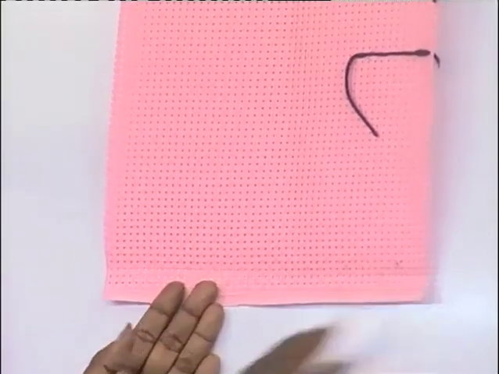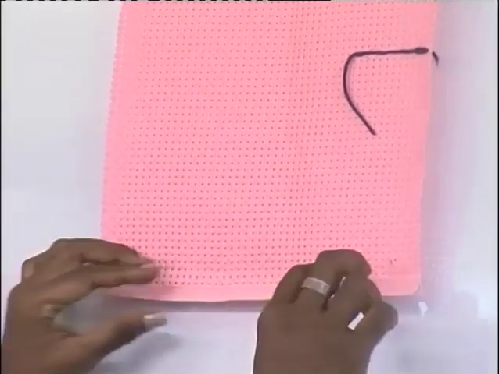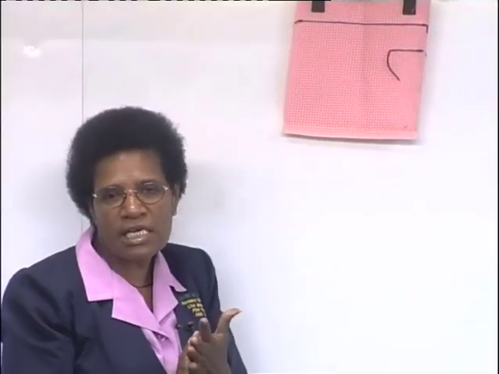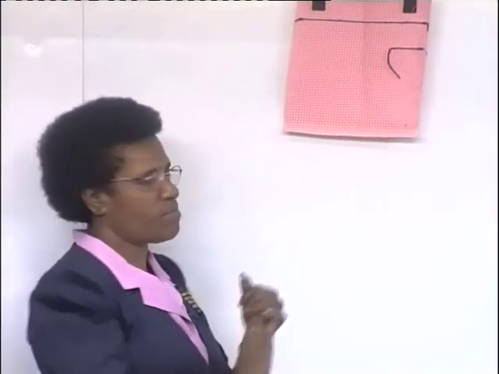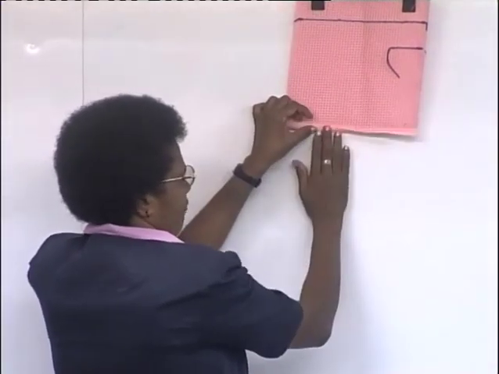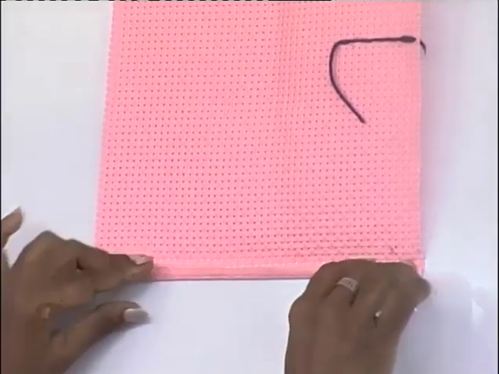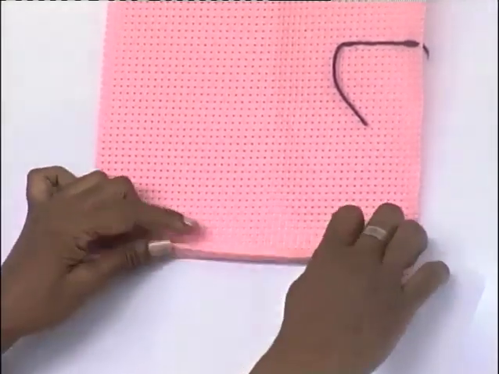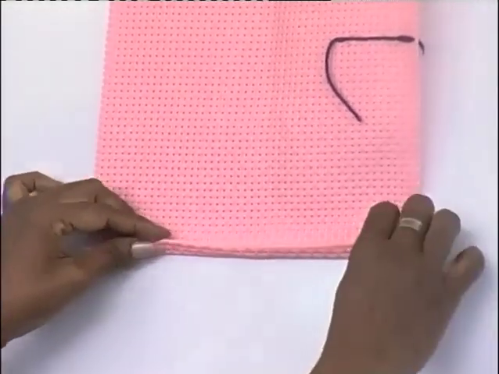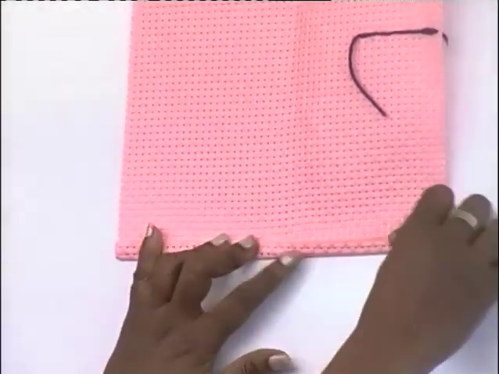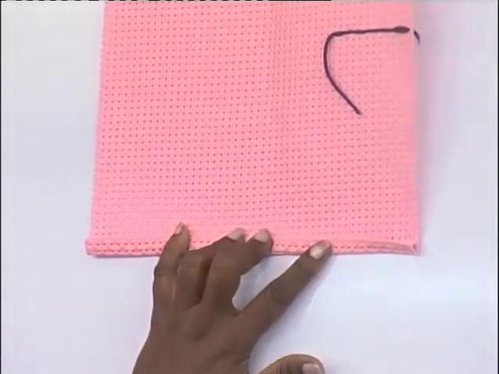Now it's not folded, so I am going to fold it. Double fold meaning folding it twice. That's the first fold. Then I fold it again the second time. So the fabric has been double folded.